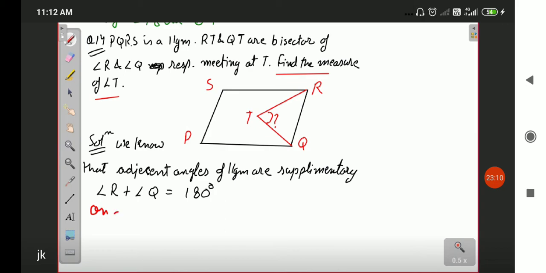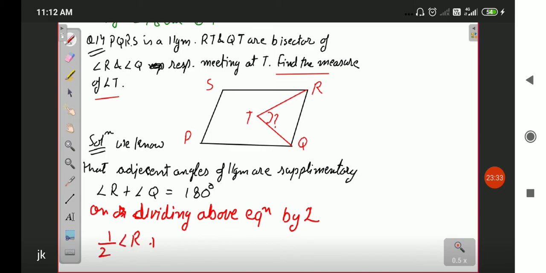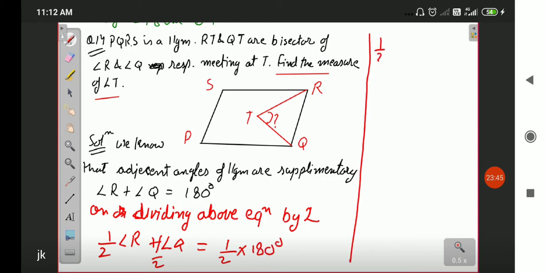On dividing the above equation by 2, we get half of angle R plus half of angle Q as half of 180 degrees. We simplify it and we get half of angle R plus half of angle Q as 90 degrees.